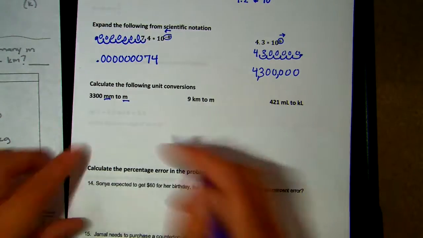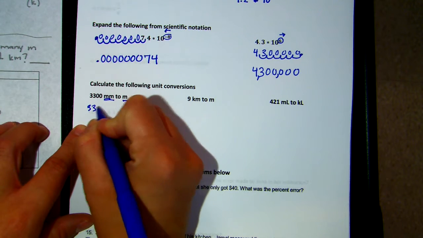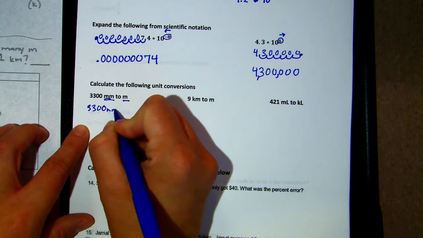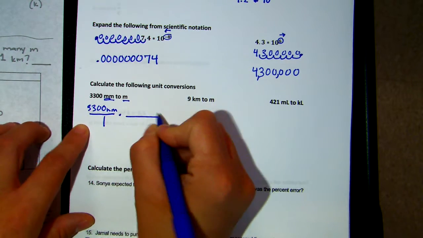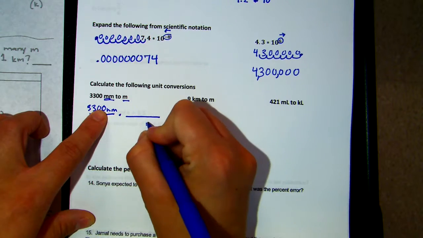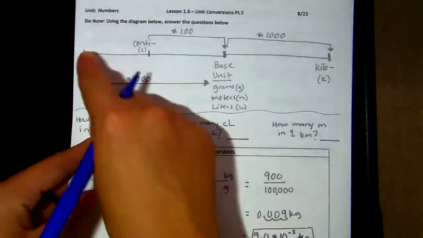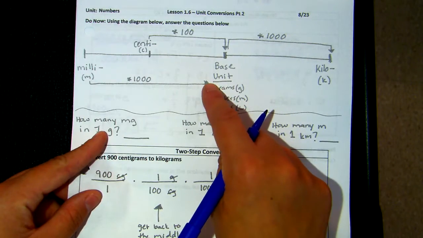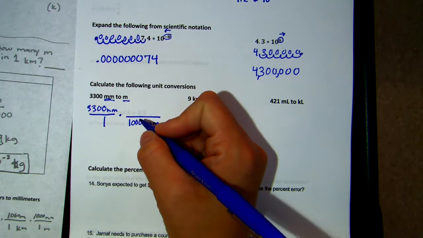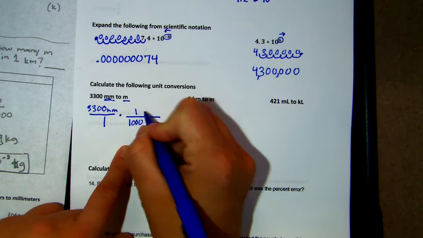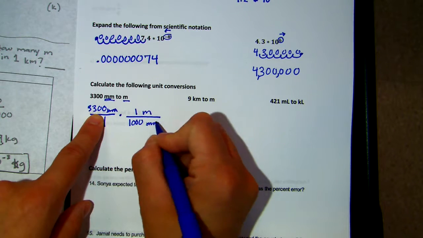So if I'm looking at this, I'm starting with millimeters. So I start with 3,300 millimeters over 1 times, I've got millimeters on the top here, so I have to have millimeters on the bottom. And I just saw that there were 1,000 millimeters in 1 meter. So these cross out, millimeters crosses out.